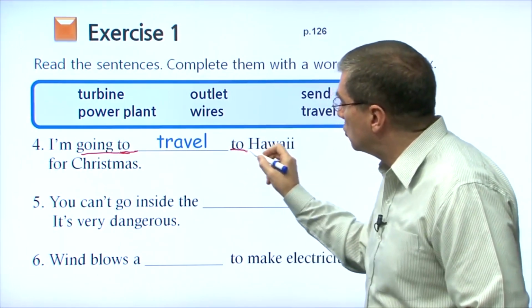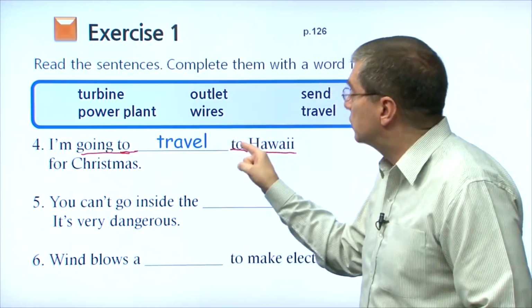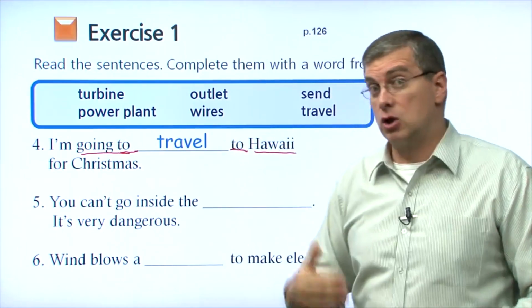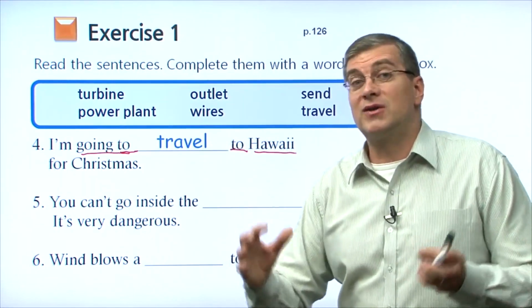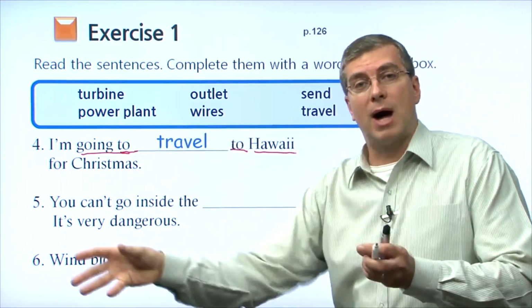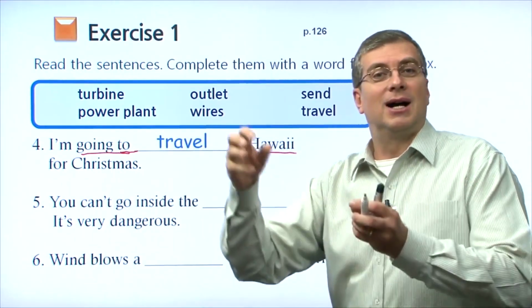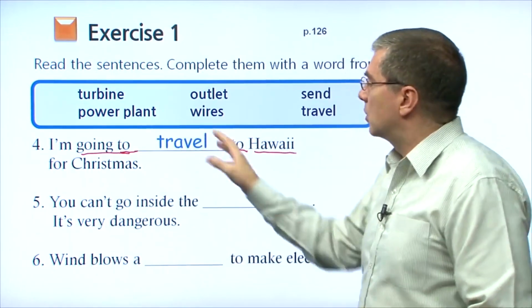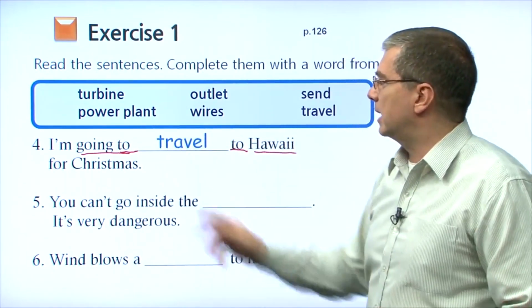Travel to a place. Where will you travel? Travel to Hawaii. That's a good clue for using travel. And remember, put these words together. Travel to place. Travel to Hawaii. Travel to Jeju-do. Travel to America. Okay? So remember these words are together like this. Okay, so that's number 4.